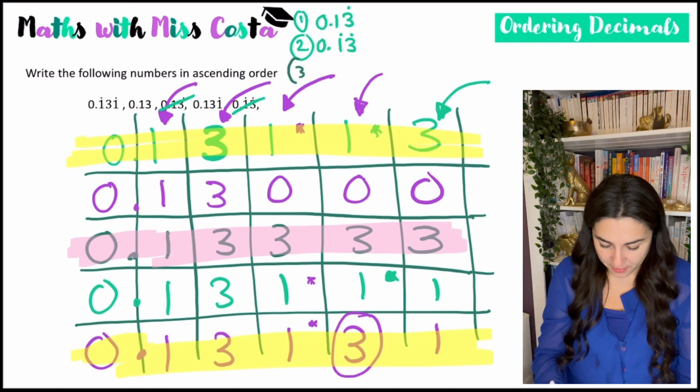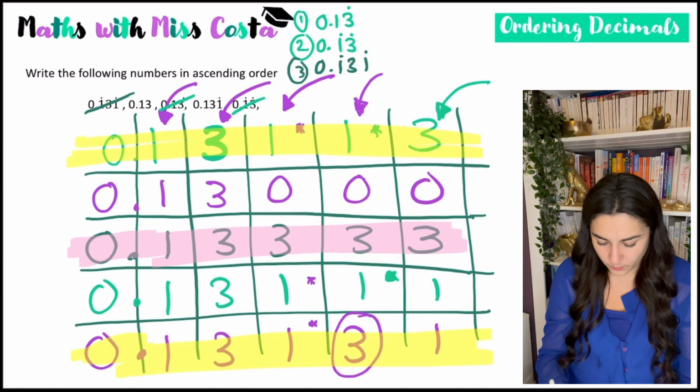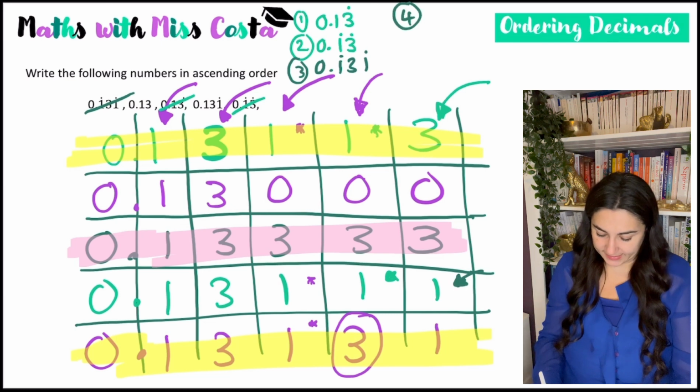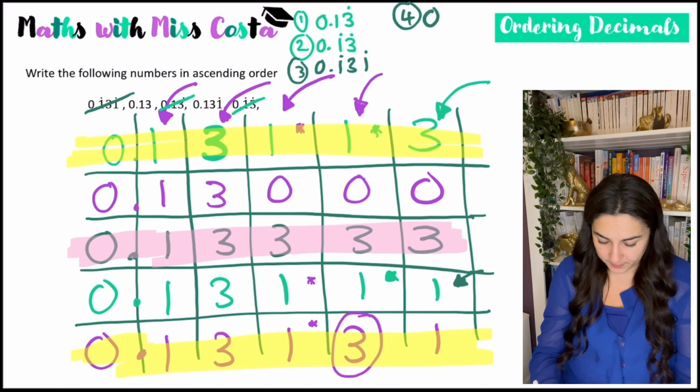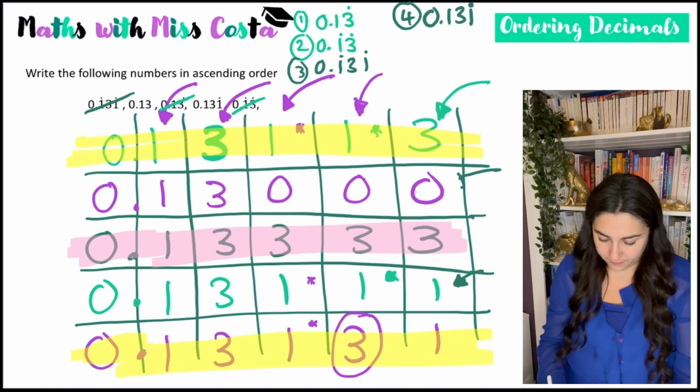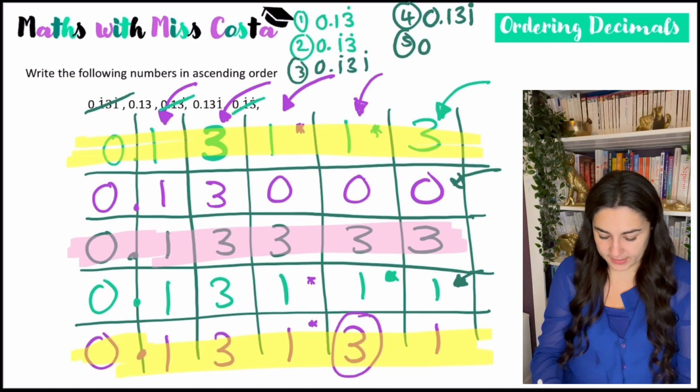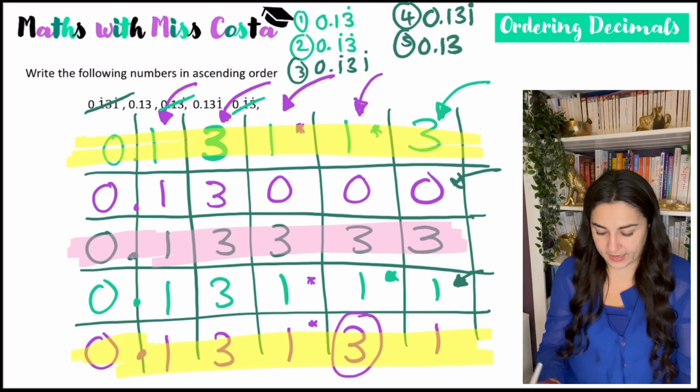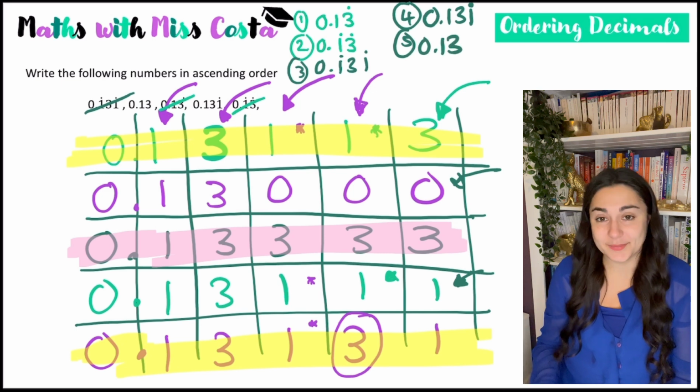So I'm going to say my third number is going to be 0.131 with a recurring. Fourth one, well, this is the next largest one in this column. So that would be 0.131 recurring. And finally, I'm going to be left with 0.13, and that's how I'd order these.